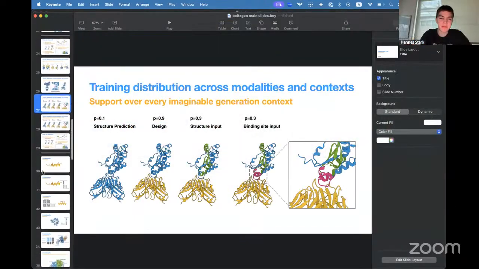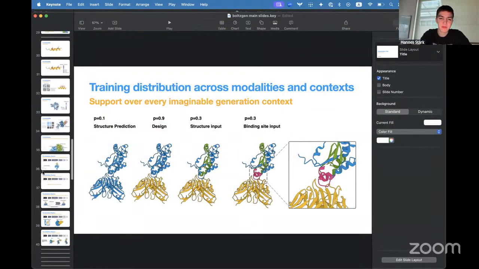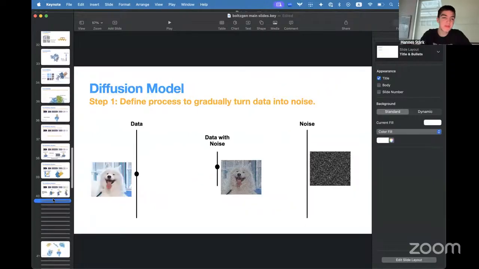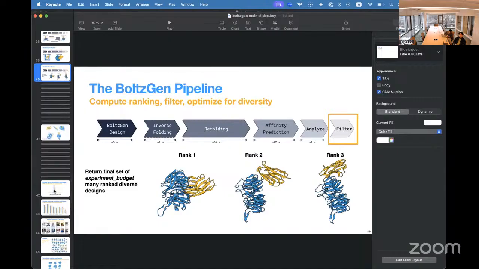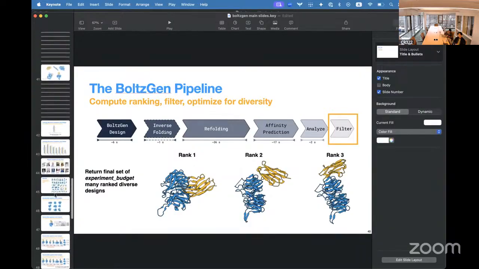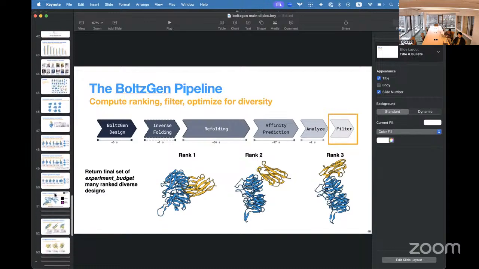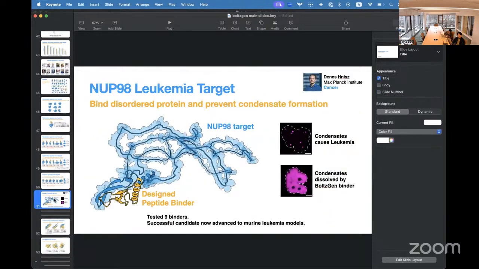I'm also very curious about how these things apply to real applications. For example, when you generate those proteins, do you have a target property in mind that you want to achieve?